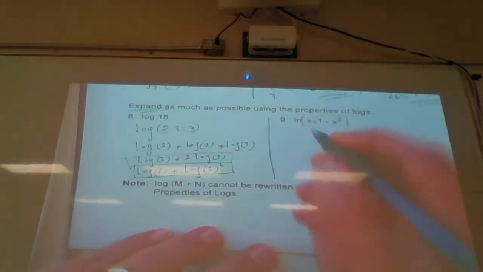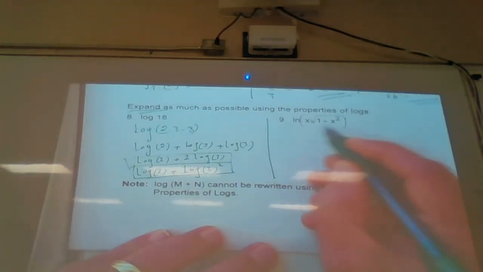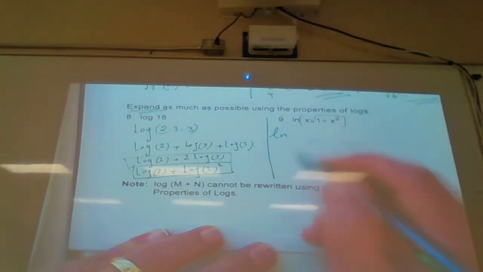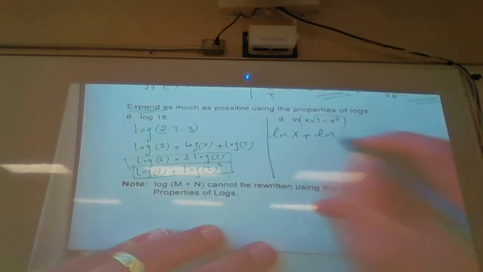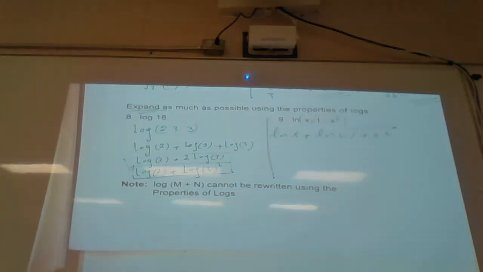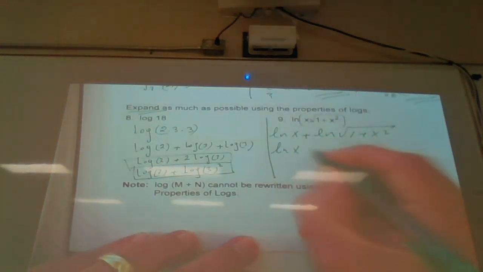This one here, I notice we have multiplication, x times. So this is natural log. Multiplication is going to change into addition. Natural log of x, I can't do anything with this.